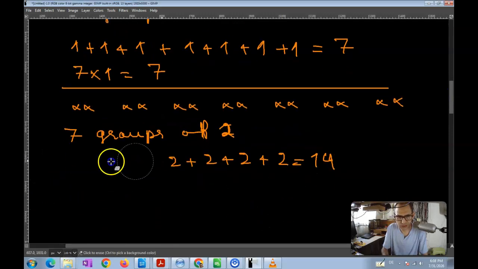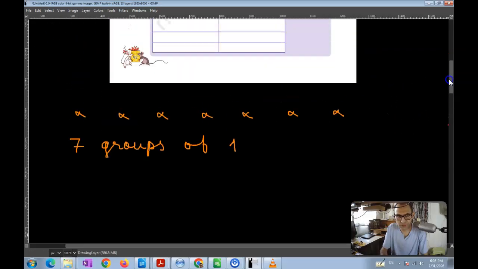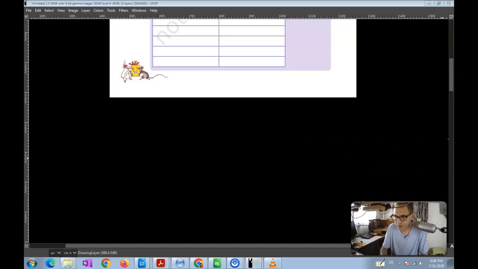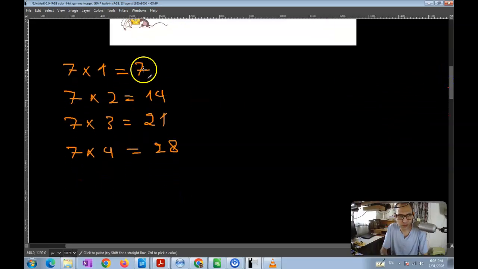And in the exact same way, we can build the whole multiplication table for 7. 7 times 1 is equal to 7, 7 times 2 is equal to 14, 7 times 3 is equal to 21, 7 times 4 is equal to 28, and you see again that the difference between any two consecutive sums is a 7, meaning 7 plus 7 is 14, 14 plus 7 is 21, 21 plus 7 is 28.